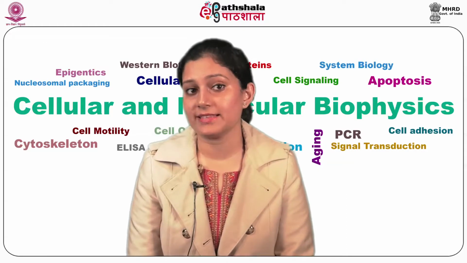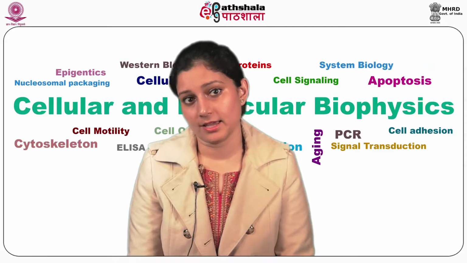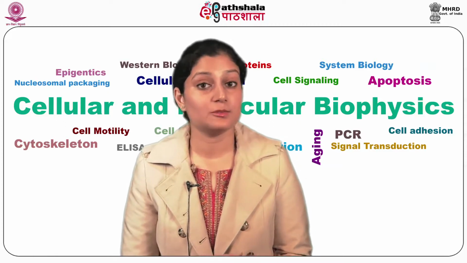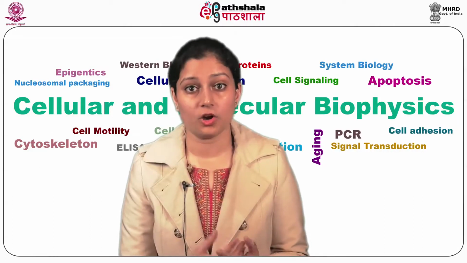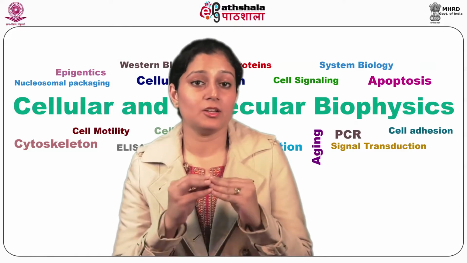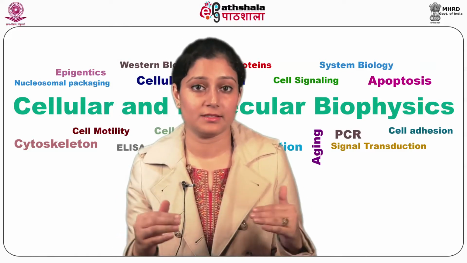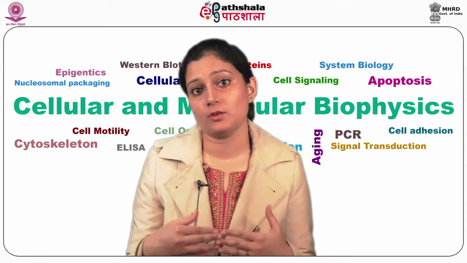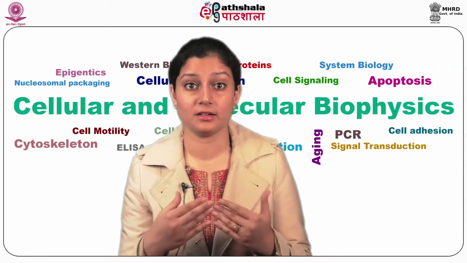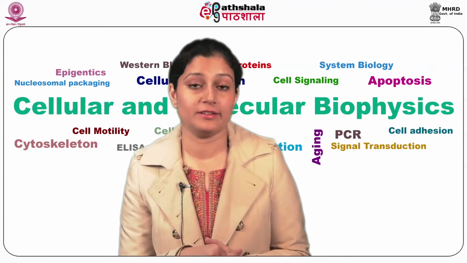Let's give another example of endothelial cells that line the blood vessels, especially the aorta. These cells experience mechanical stress in the form of hydrostatic pressure and cyclic stretch, which stimulates actin stress fiber formation. Stress fiber contractility keeps endothelial cells in blood vessels flat under flow and helps the vessel wall to resist and reduce fluid shear damage.